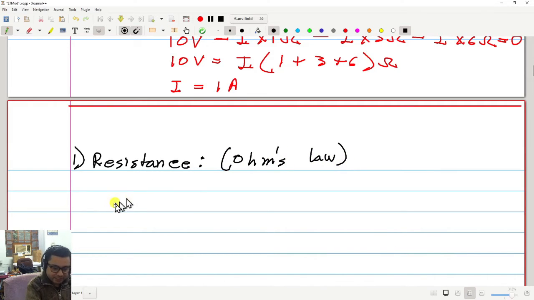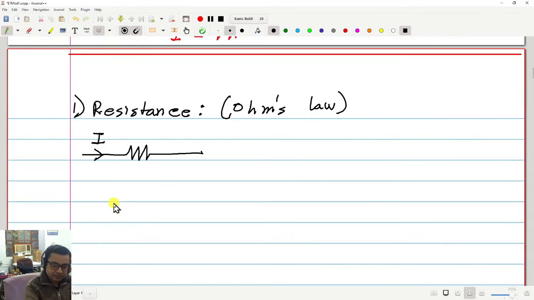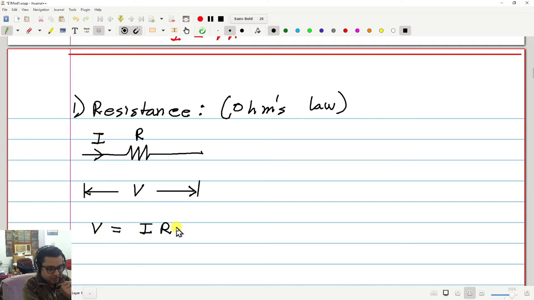Okay, what does it say? This is the symbol of a resistance, you all know this. Ohm's law says if the current flowing through a resistance is I, the voltage across the resistance is V, and the value of the resistance is R, then these three quantities are related as V is equal to IR, right?